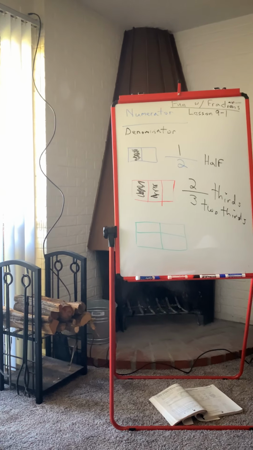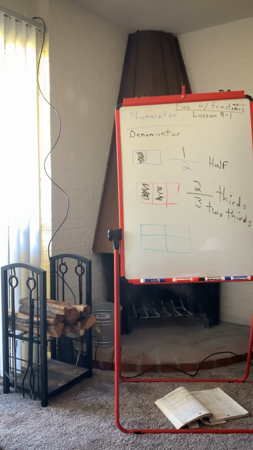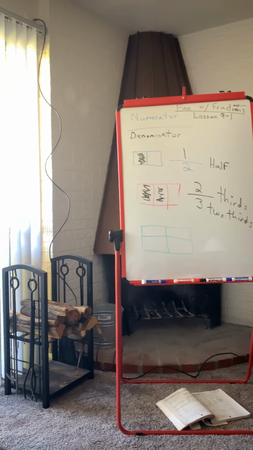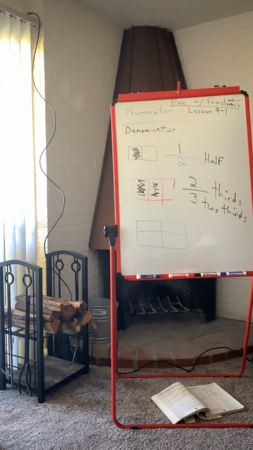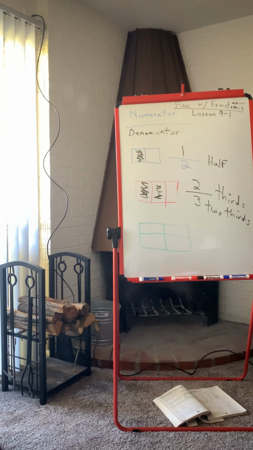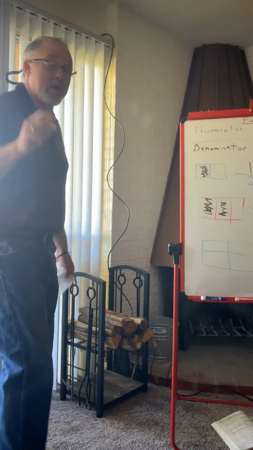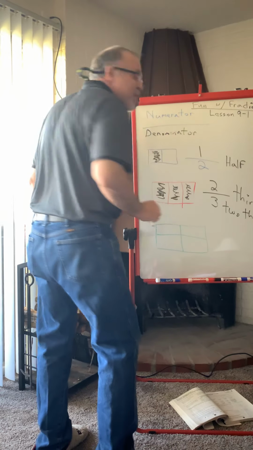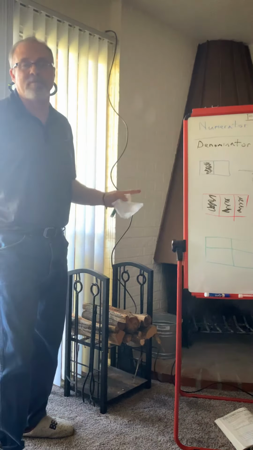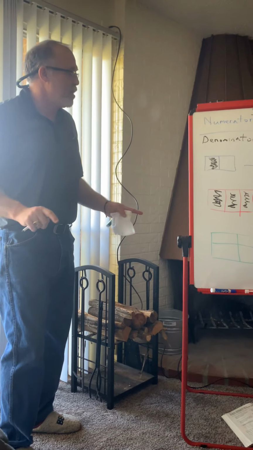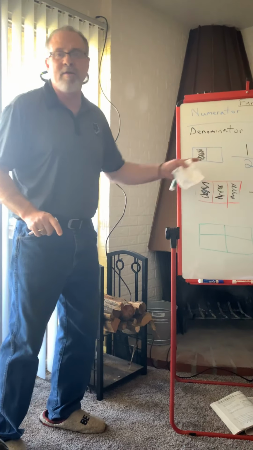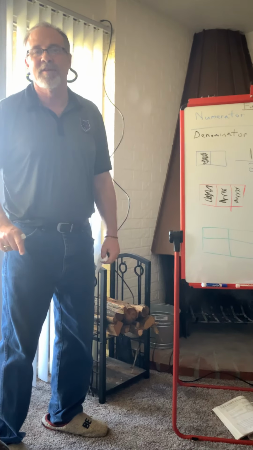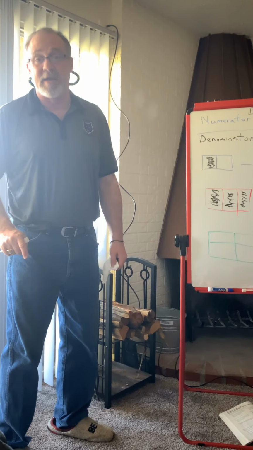Now I know some of my really smart guys and gals would say, but what if I have them all shaded? Good question, guys. That is no longer a fraction. Did I do the whole thing here? Are all the pieces done? Yes, they are.